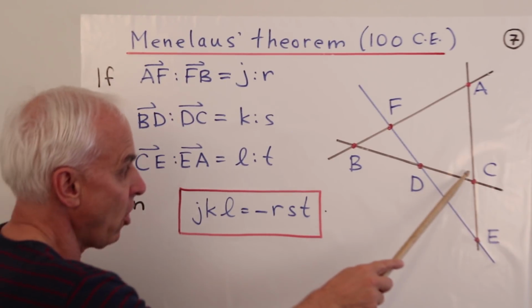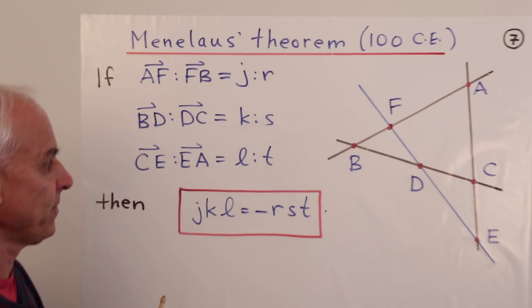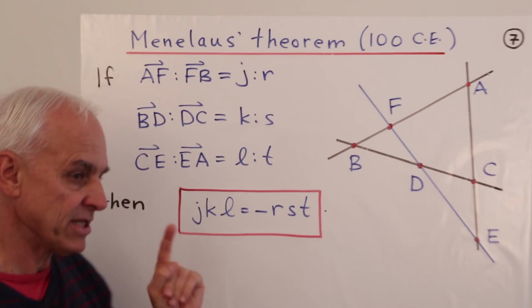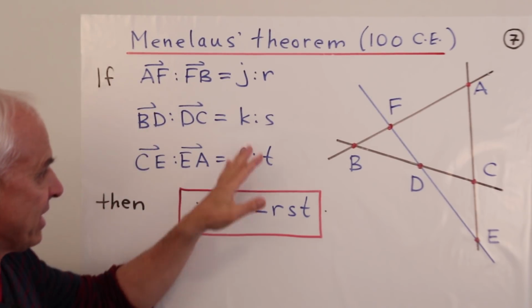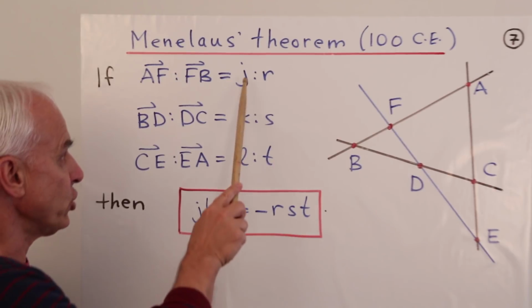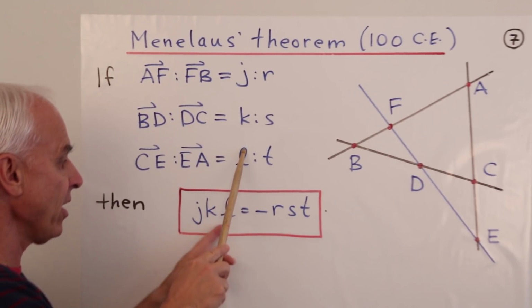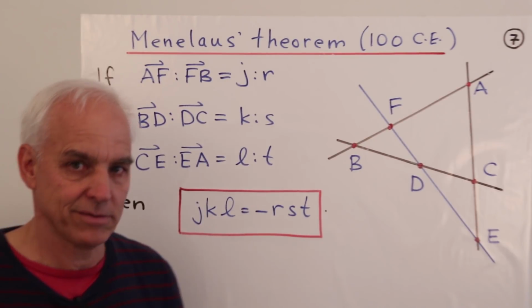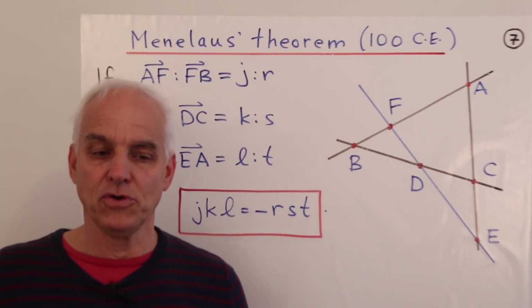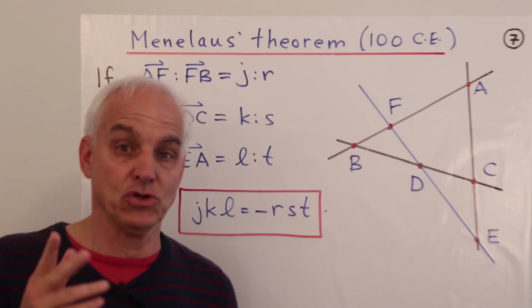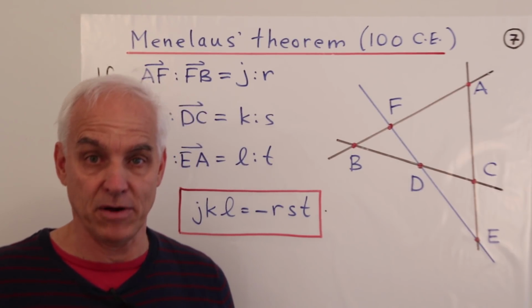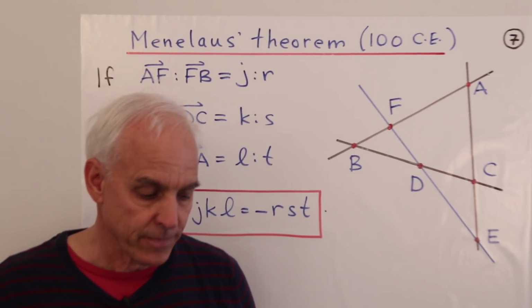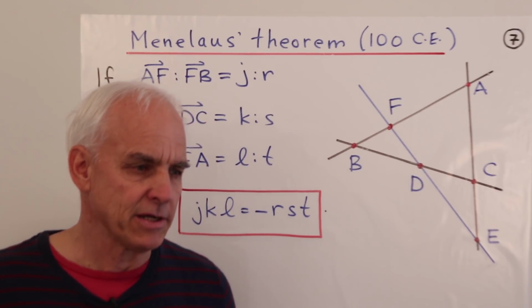Okay, in any case, let's call that proportion L to T. And Menelaus' theorem says that these 6 numbers are related in this beautiful way, that J times K times L equals minus R times S times T. And in particular, if you knew 5 of them, then you could deduce what the 6th one is very easily.